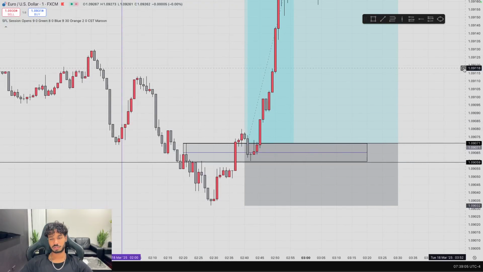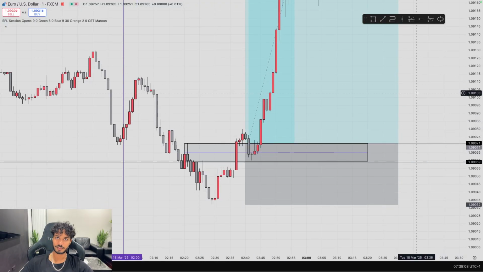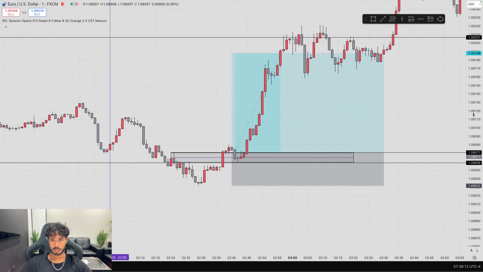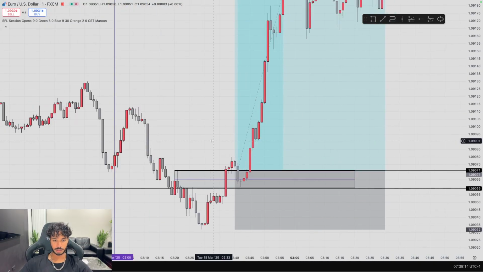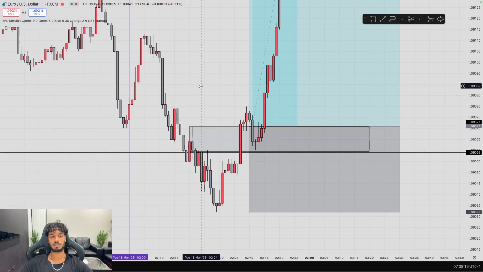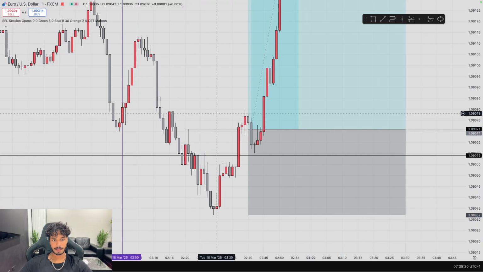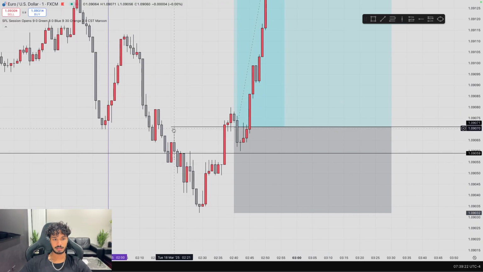And if you don't know what a market structure shift is, you're going to have to watch the videos, because I haven't made any on it. But yeah, there are some tips and tricks to it. Anyways, you see here, I marked out this high, and if the price closes above that, it would be my structure shift, and boom, literally a big move up.